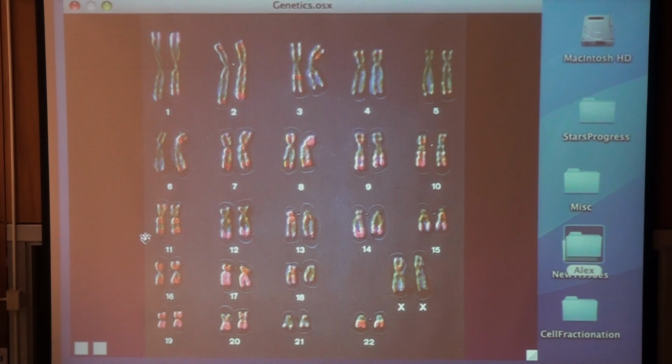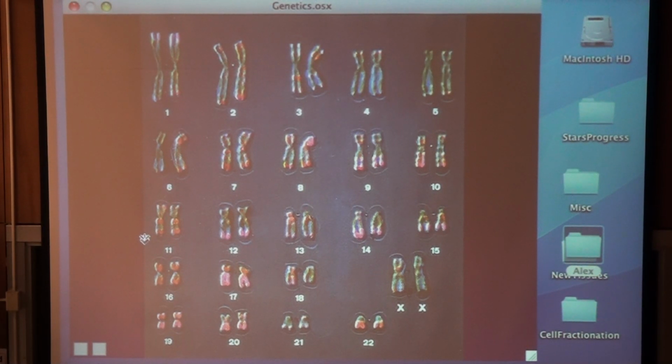Anyway, so you have 23 homologous pairs of chromosomes if you're a female, but if you're a male, the situation is slightly different. This is considered your 23rd pair of chromosomes. And for females, that chromosome 23 is called the X chromosome.